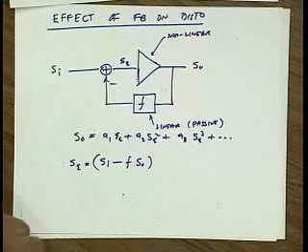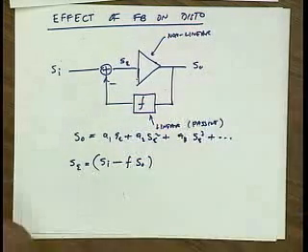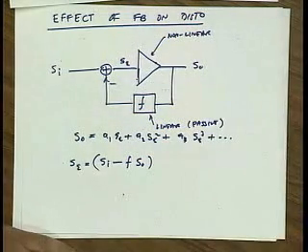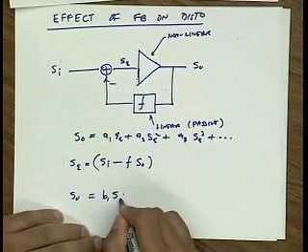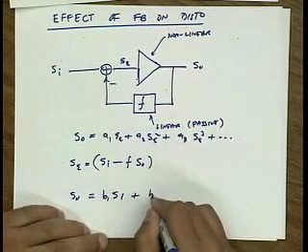So I can substitute this in here and expand out all the products. But at the end of the day, I want to write S output as a simple relationship to the input voltage.